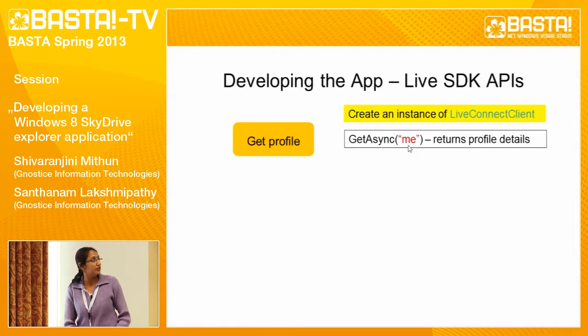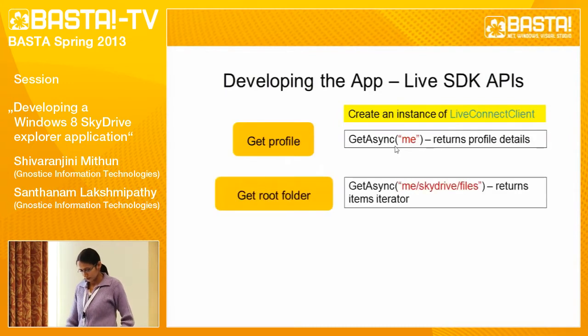This me is a shortcut for the currently logged-in user's profile information. To display a greeting message we need the user's name, which will be available inside this profile details. This will return us a dictionary object with key-value pairs. It will have the user's first name, locale information, gender information, and so on. We just need the first name to display the welcome message.